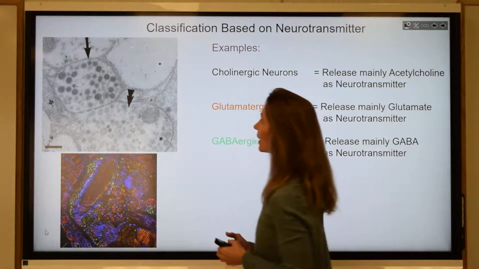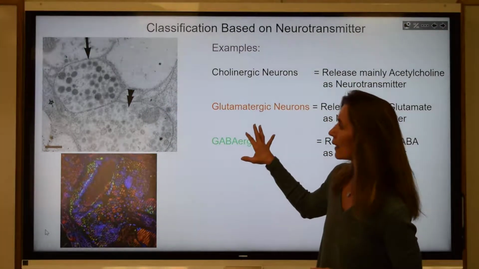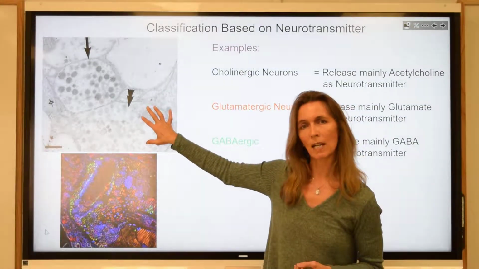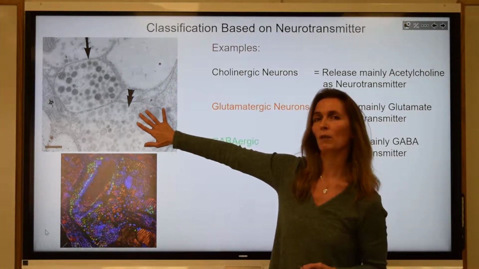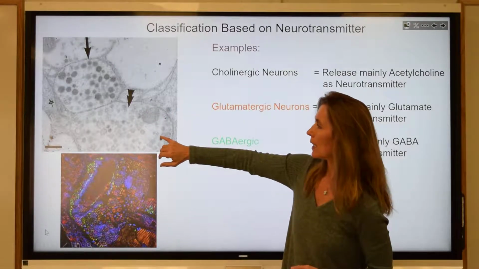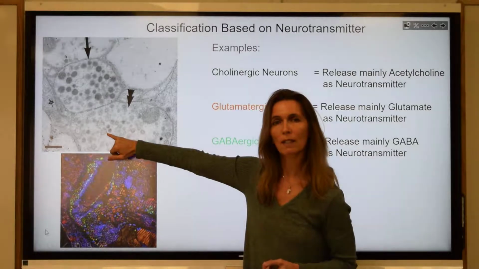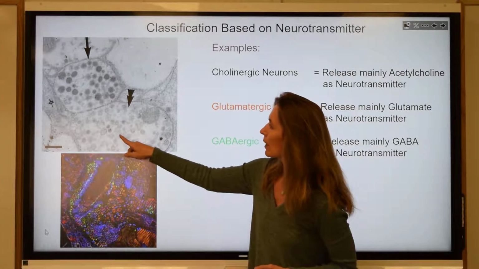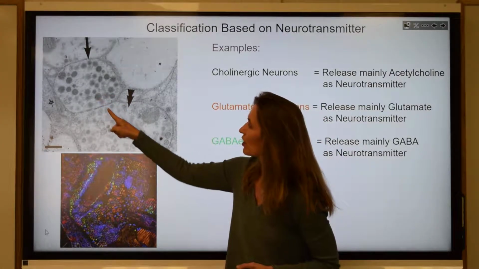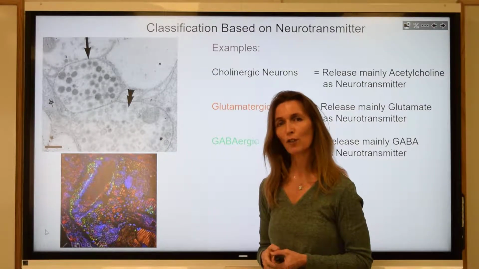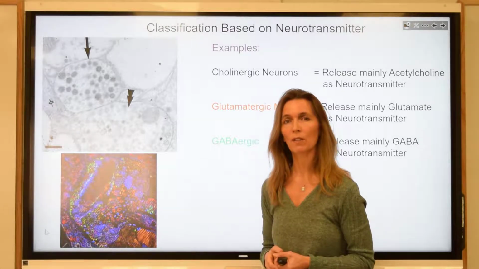And as you can see in this image here, these are vesicles in one of those synapses, very highly magnified with an electron microscope. And you can see that there are different types of vesicles. And these different types of vesicles contain different neurotransmitters.